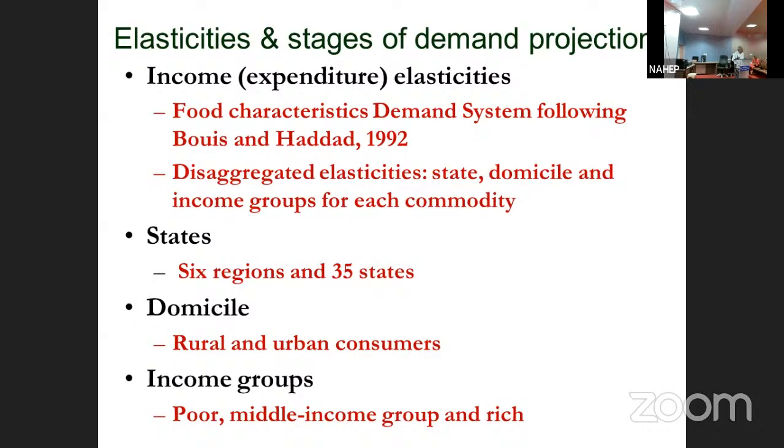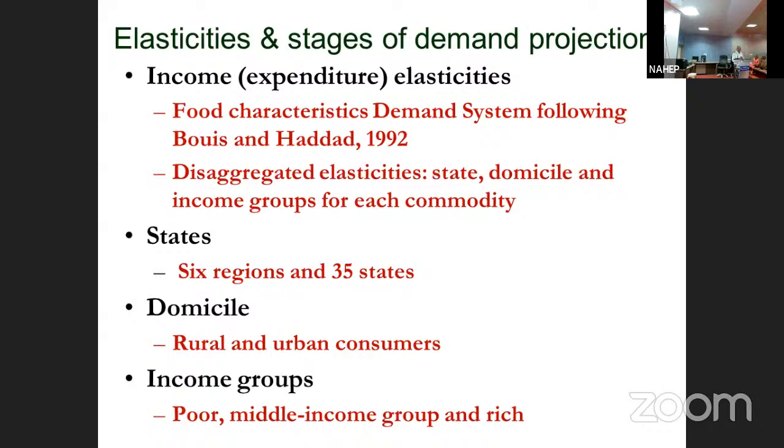Or shall I compute only region wise, north, east, west, south, center, India? Because the elasticity depends on diversification of food and food habit change from region to region, state to state. So the more disaggregation you have, the better your elasticity will be, and your projection will be better.